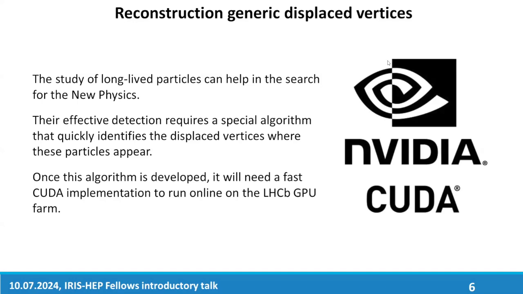It's possible that these particles are produced in proton-proton collisions at the LHC and can be detected by LHCb. However, to do this effectively, we require a special algorithm that quickly identifies the displaced vertices where these particles appear. Once this algorithm is developed, it will need a fast CUDA implementation to run online on the LHCb GPU farm.